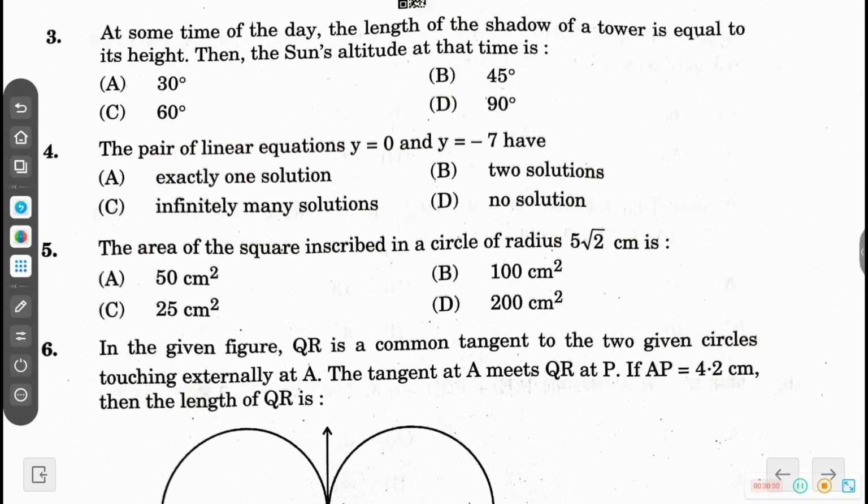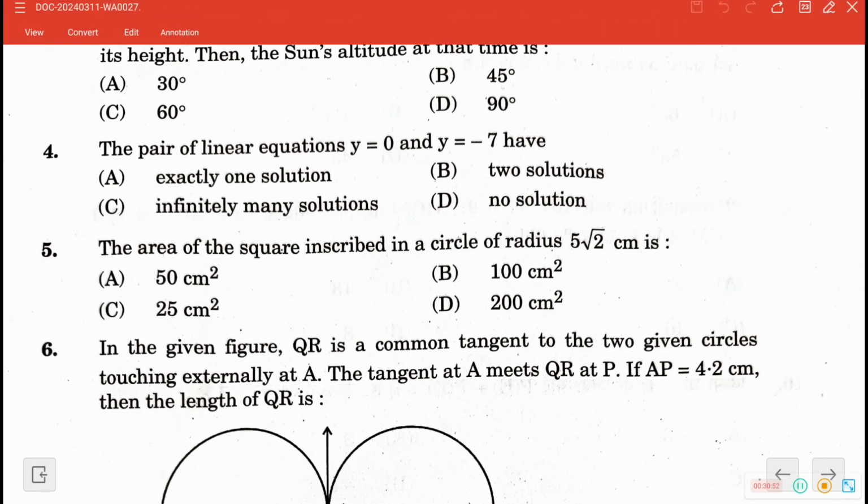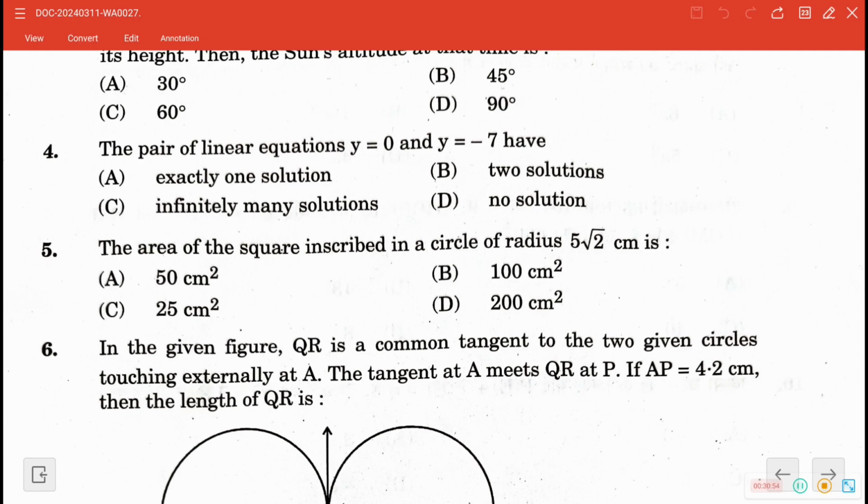Height of the tree is equal to length of the shadow. When they both are equal, the angle will be 45 degrees.